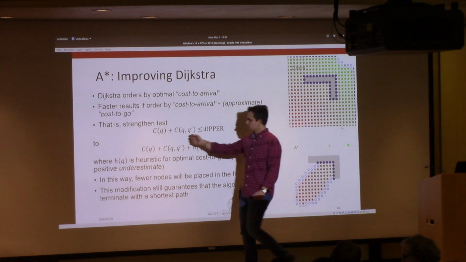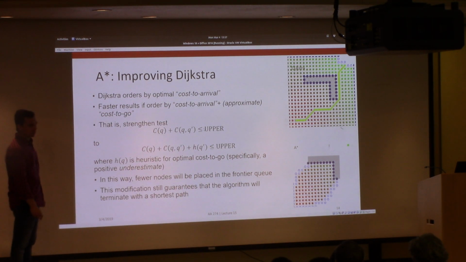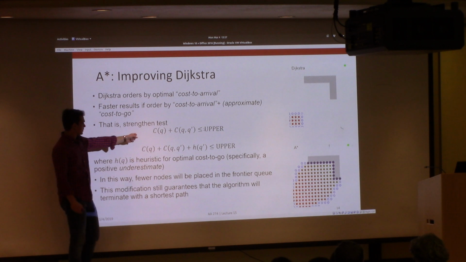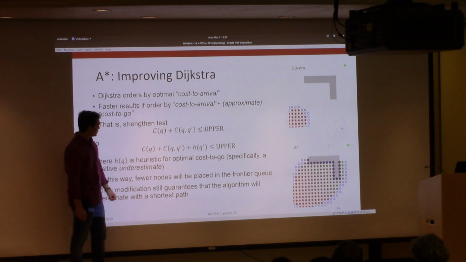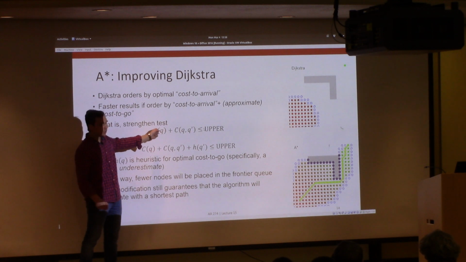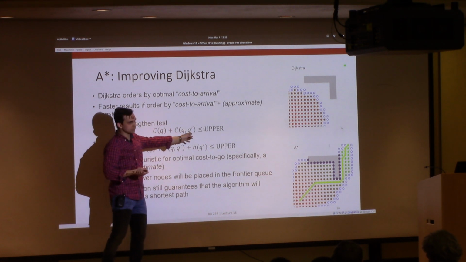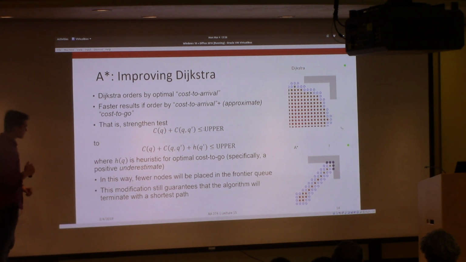while previous methods extracted vertices from the priority queue using the following logic, vertices that minimize the cost to go and the cost of reaching the vertex from its previous neighbor.